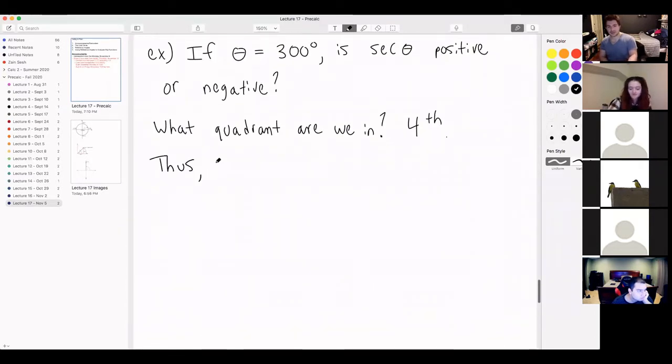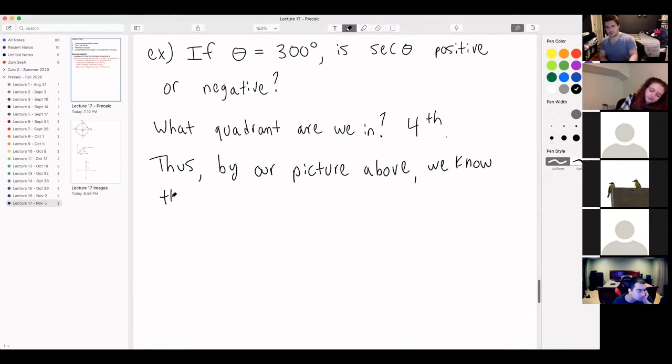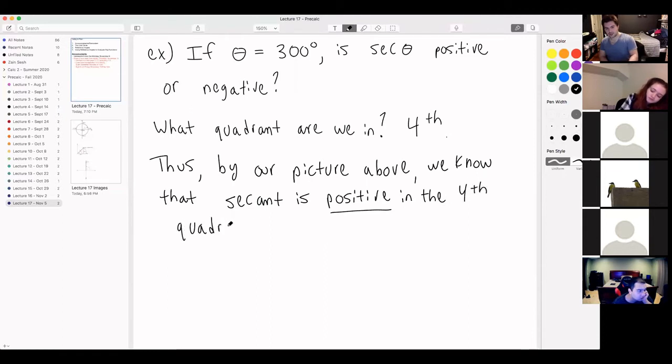So thus, by our picture above, we know that secant is positive in the fourth quadrant. Very good. So it really is as simple as that.